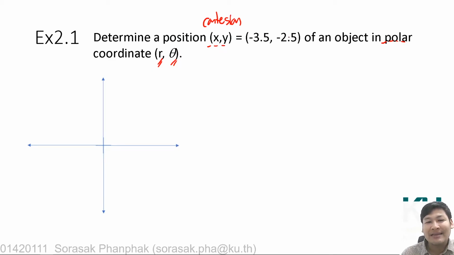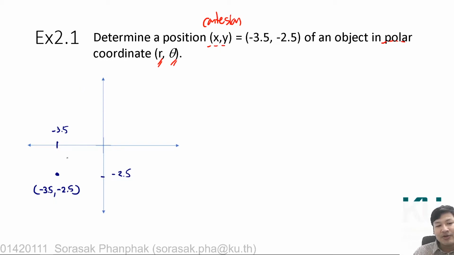So where is this coordinate in the Cartesian? You have x as minus 3.5 and y as minus 2.5. So this represents the position for x like minus 3.5 and minus 2.5 for y.